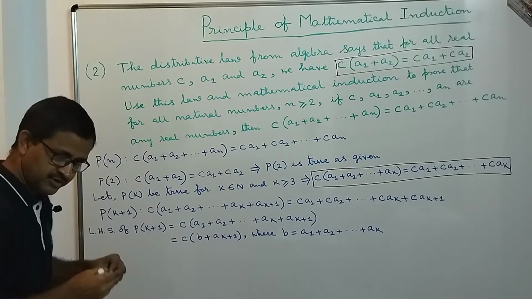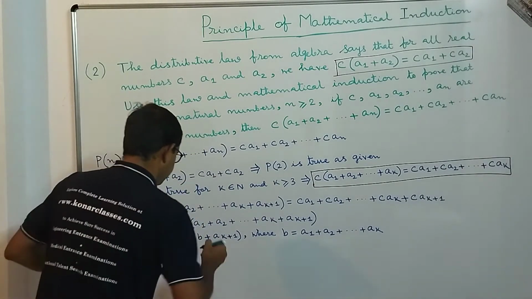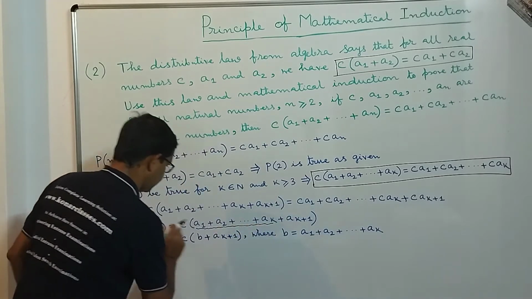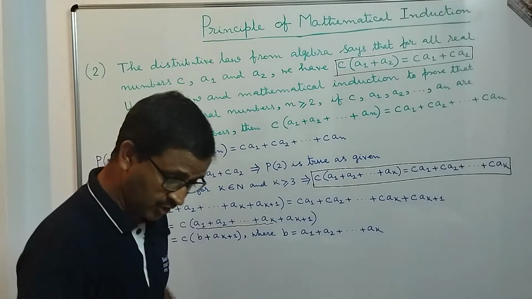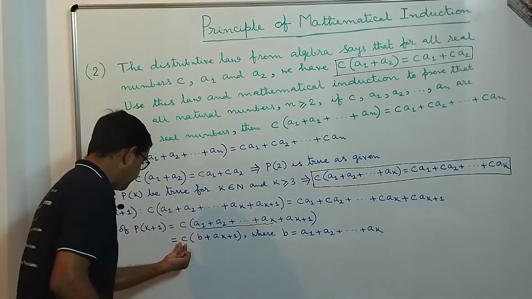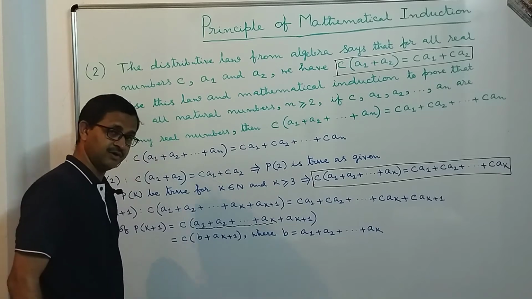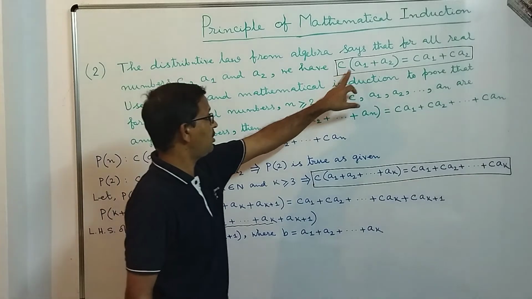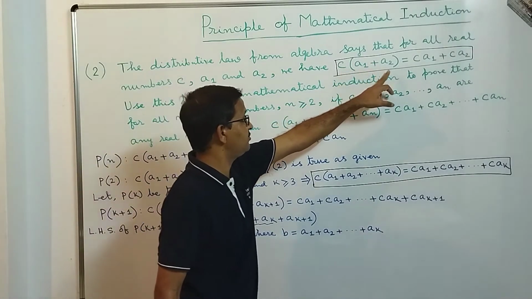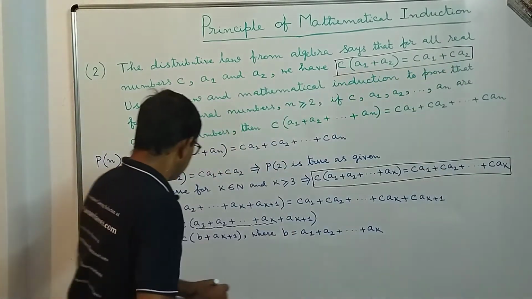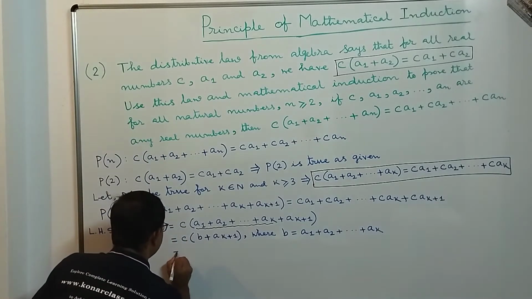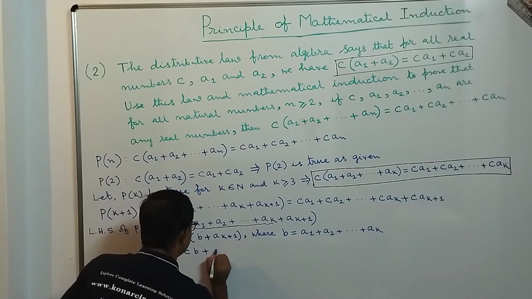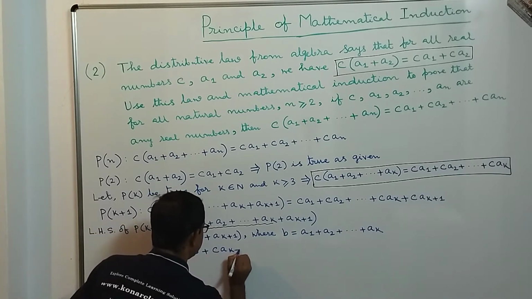We consider their summation as B. Now C into (B plus another term), according to the distributive law, C into (A1 plus A2) is equal to CA1 plus CA2, so we can write C into (B plus A k plus 1) as CB plus C into A k plus 1.